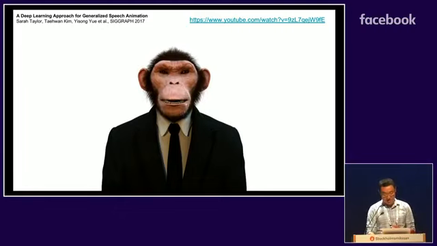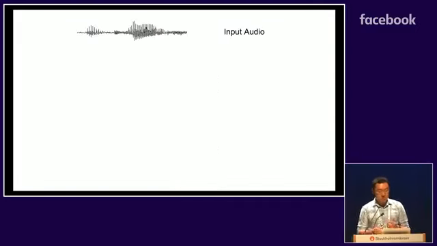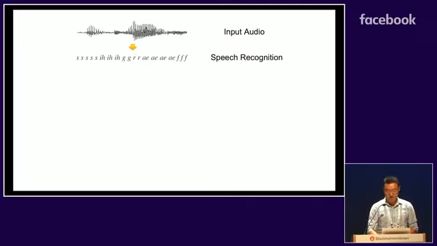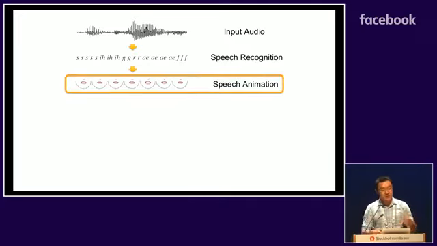And so just to give you a glimpse of how this project came into being, it was designed and originally motivated to fit into a production pipeline, such as those you would see at animation companies, such as at Walt Disney Animation. So you have your input audio. You use off-the-shelf speech recognition. You get phonetics, and you feed that into the model that we trained, the predictor that we trained.